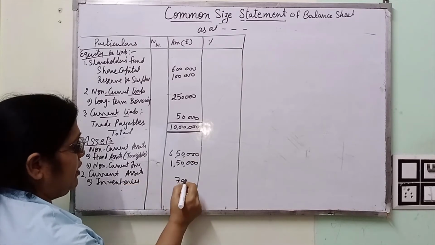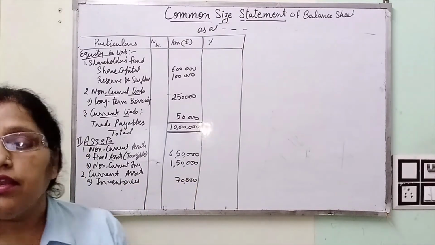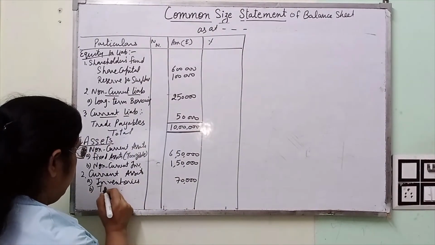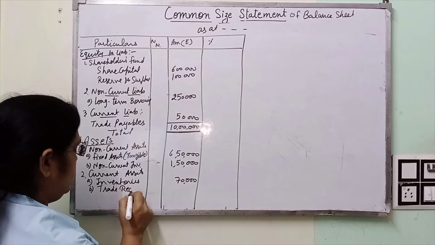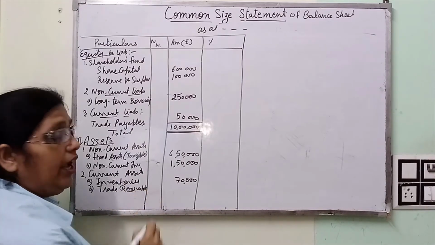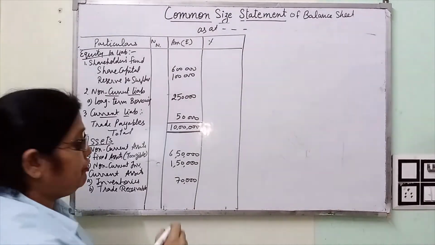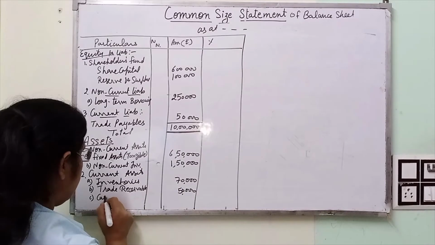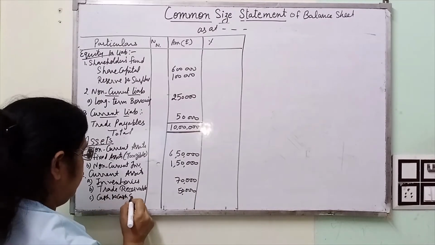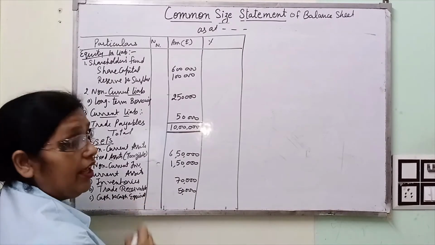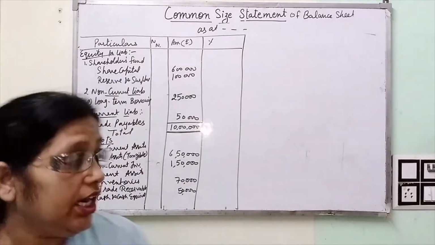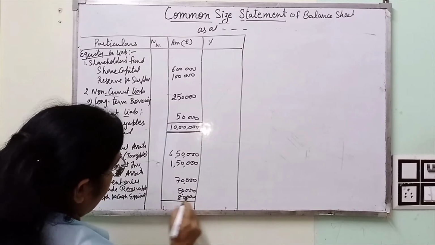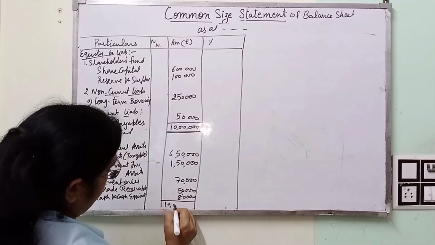Inventories are of rupees 70,000. Clear? Then trade receivables. B part is trade receivables, and the amount of trade receivables is 50,000. Then we have cash and cash equivalents of rupees 80,000. And the total will be again 10 lakh.